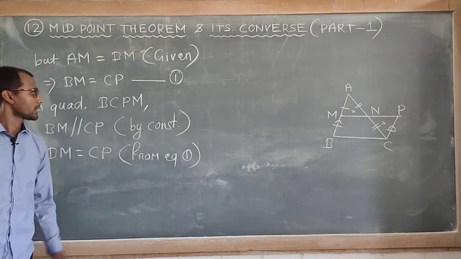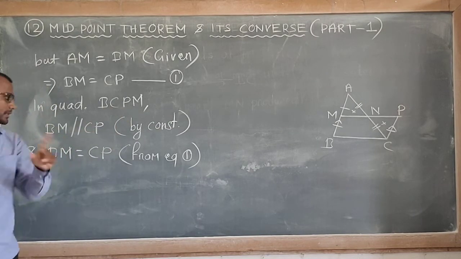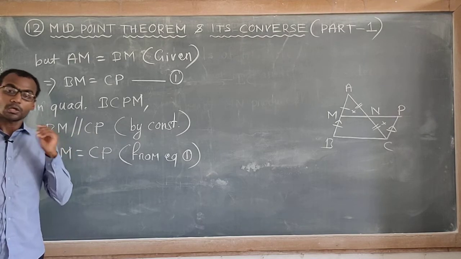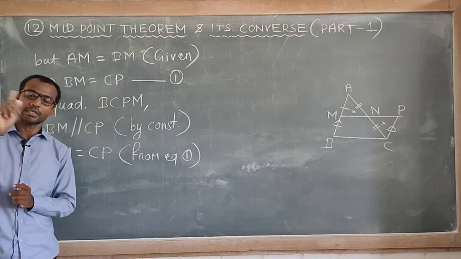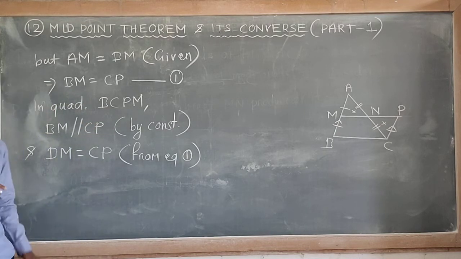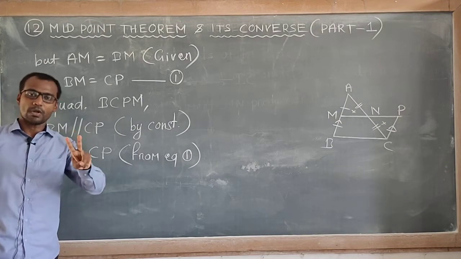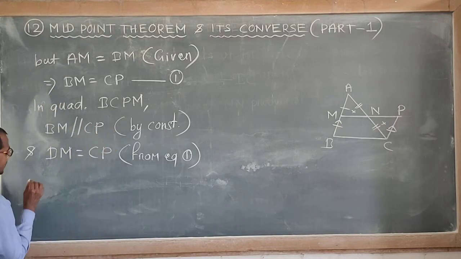So you can see that in this quadrilateral BCPM, one pair of opposite sides, BM and CP, are parallel and equal. So by theorem number 1 of the previous chapter, rectilinear figures, if one pair of opposite sides of a quadrilateral are parallel and equal, then it must be a parallelogram.